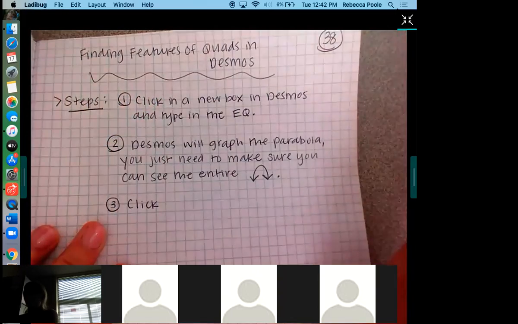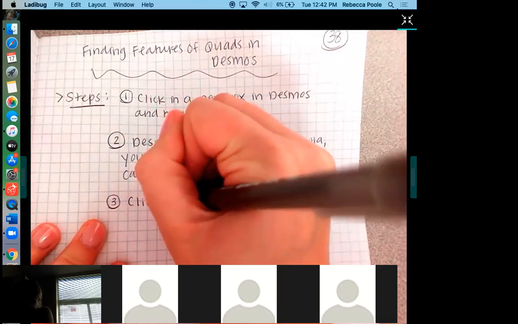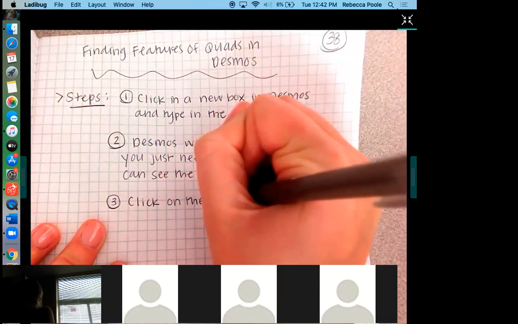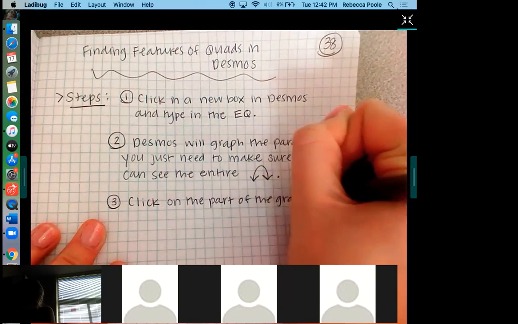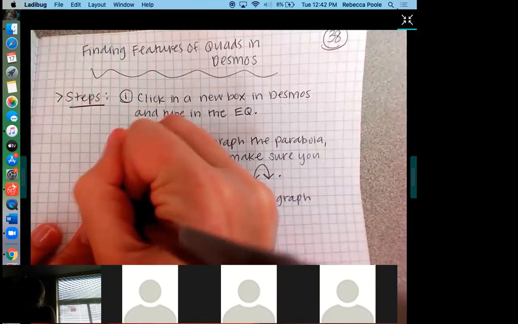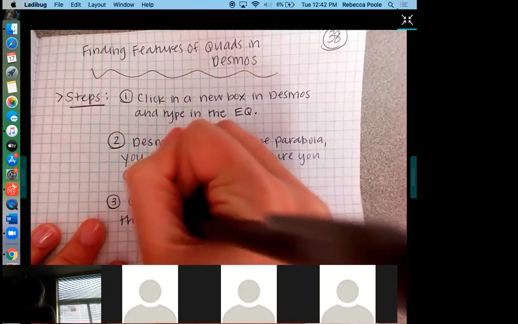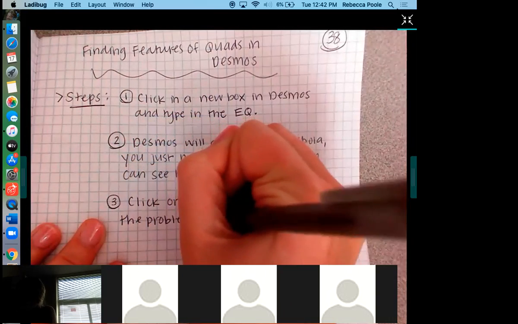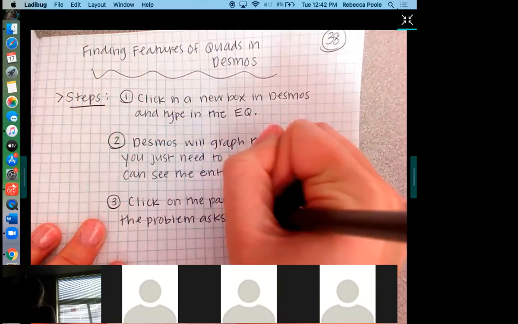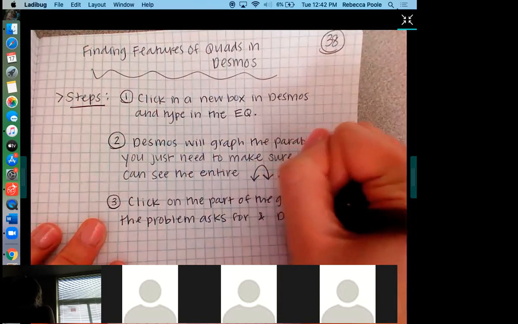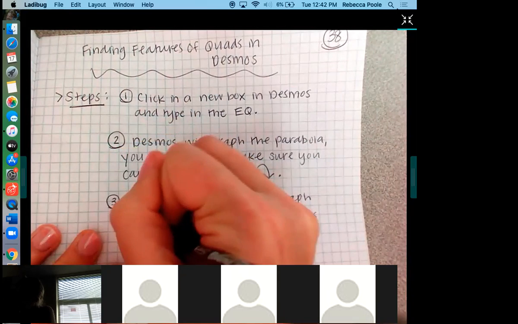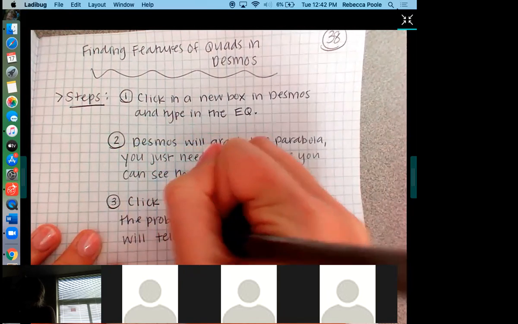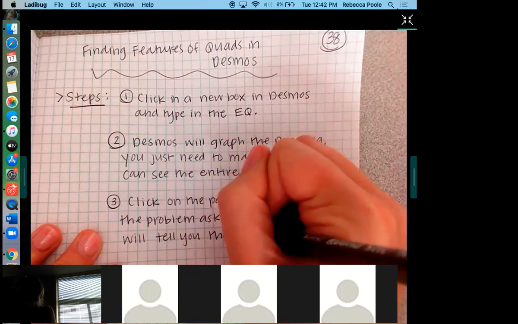Then all you have to do, last step, click on the part of the graph the problem asks for, and Desmos will tell you the ordered pair.